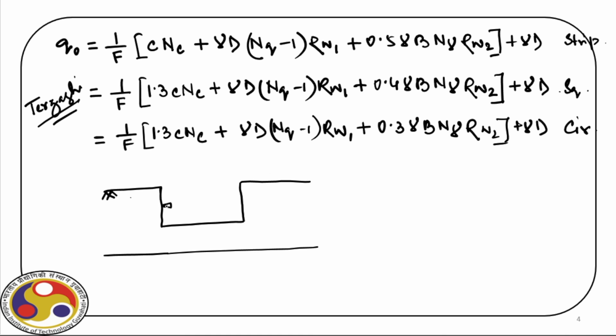So the width of the foundation is B, the depth of the foundation is D, then we have F, which is factor of safety.